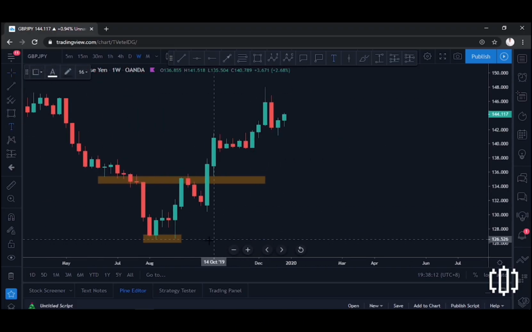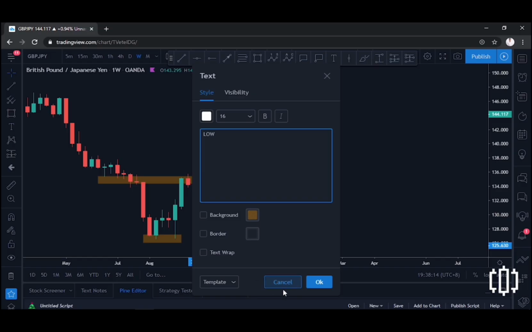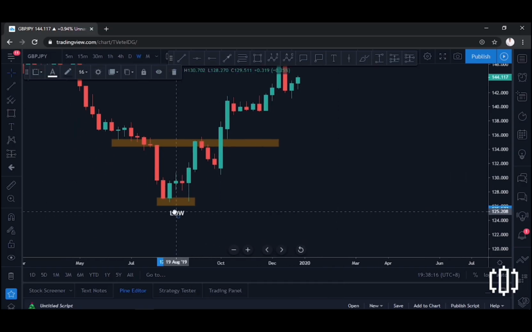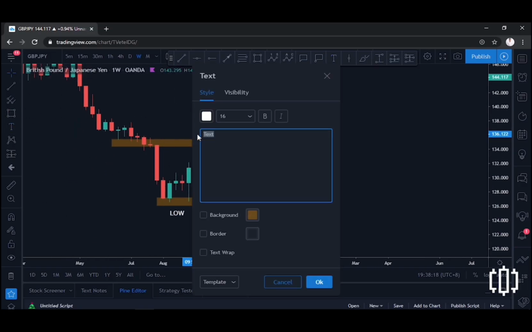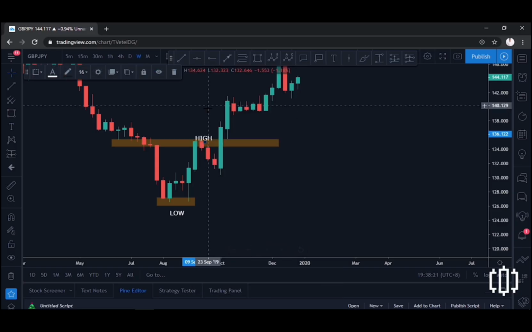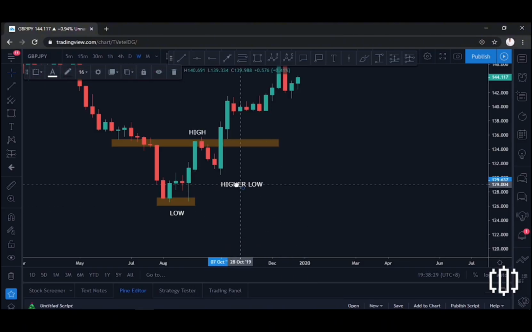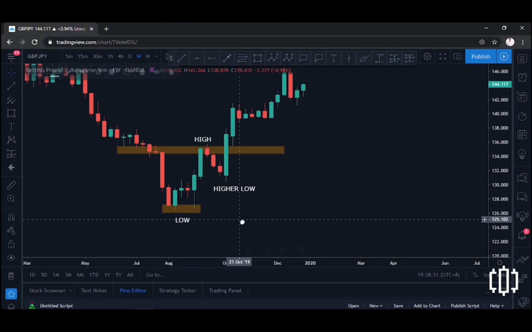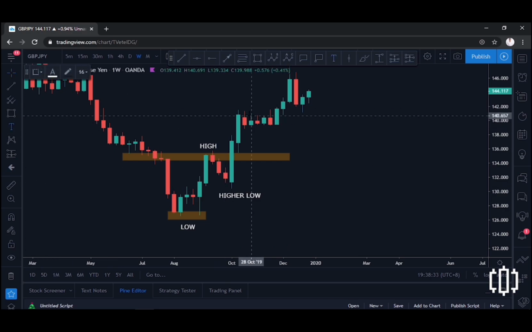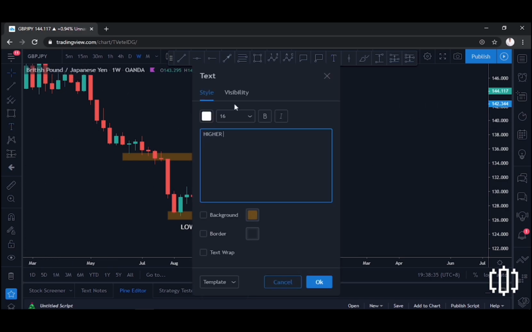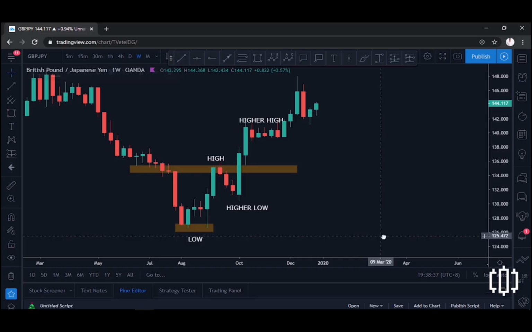So, we have here the low. Okay? So, we have here your high. We have here your higher low. Because it's higher than your significant low. Then nag-push ulit. So, this is gonna be your higher high. Okay?